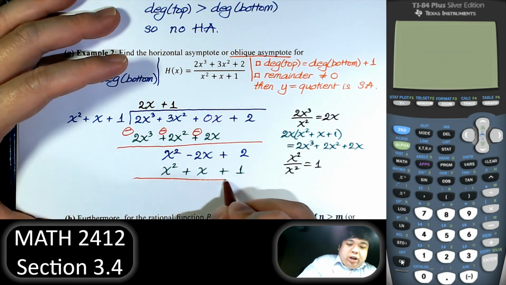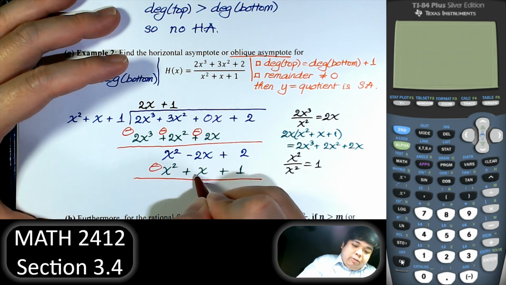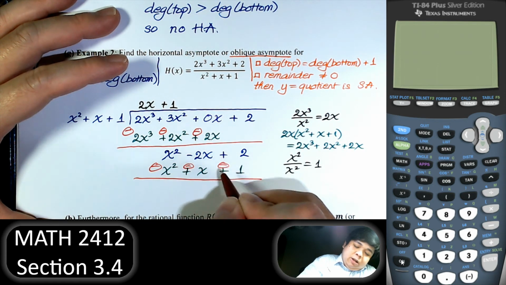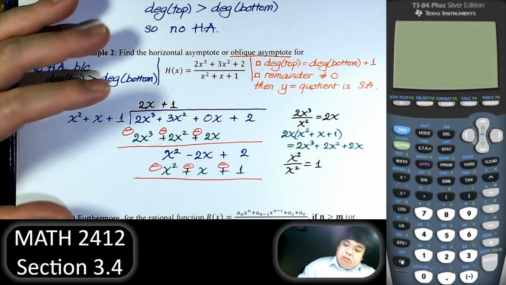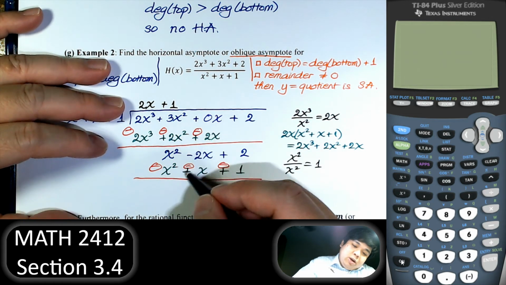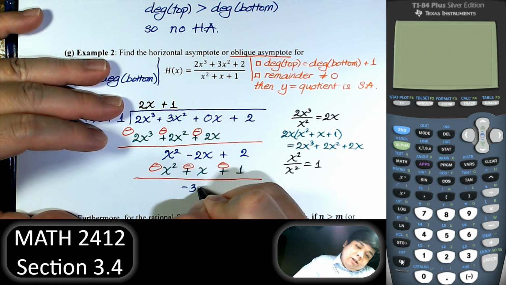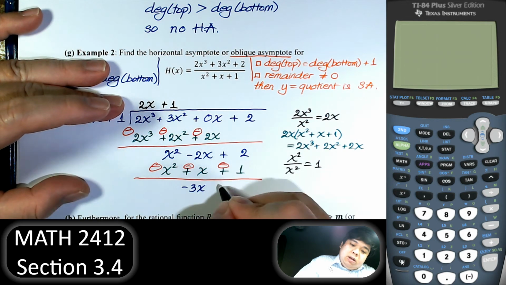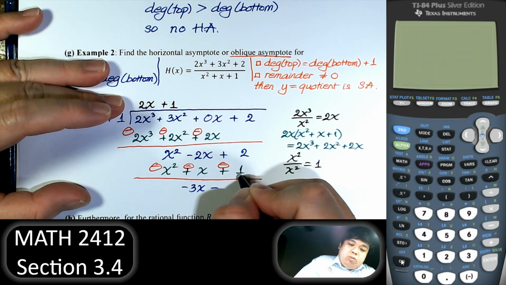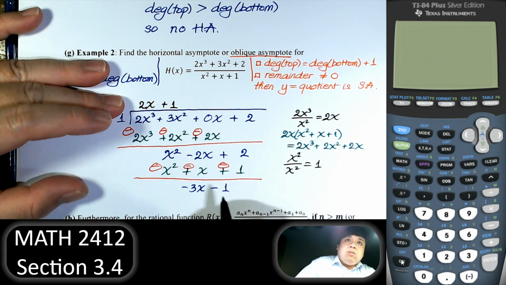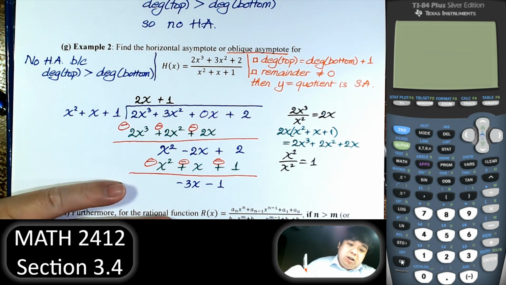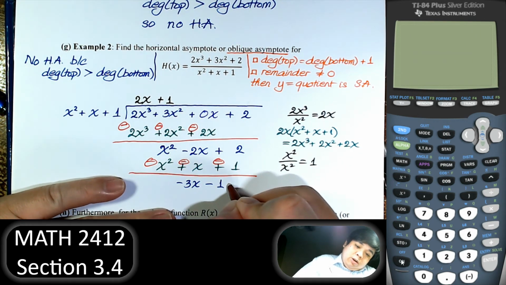We change the signs and add them. That cancels out, so we get negative 3x, then 2 minus 1 is 1. And that is the remainder. So the remainder is not equal to 0.